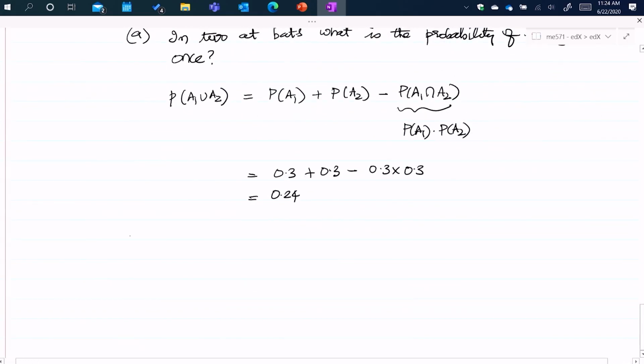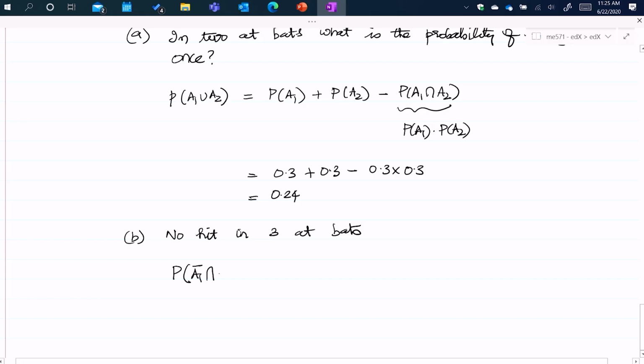In question 2, what we seek is the probability of no hit in 3 at-bats. The way to state this mathematically is: no hit in the first at-bat, which is A1 complement. A1 is the event that he would hit in the first at-bat; A1 complement is the event that the player would not hit in the first.